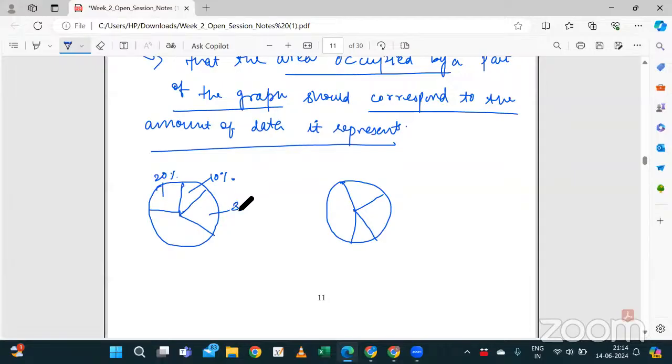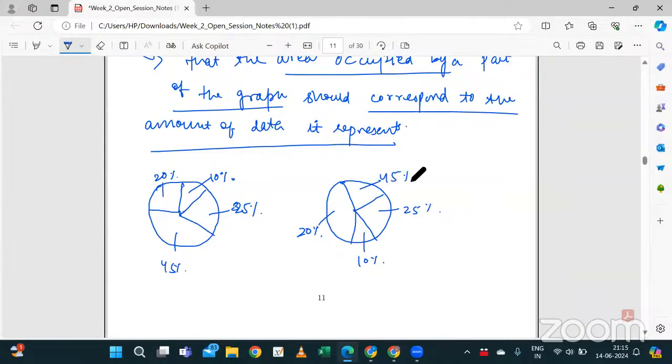Suppose this is 25%, and this is 45%. It might be wrong because the scaling is not proper, but I'm just trying to explain something. Suppose this is 10%, this is 25%, this is 20%.